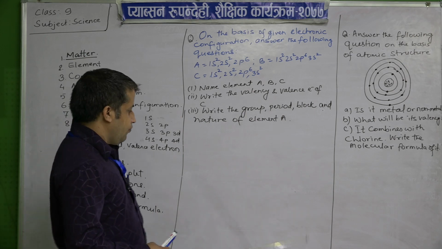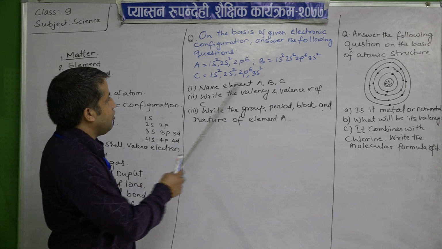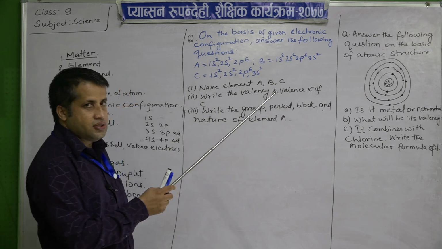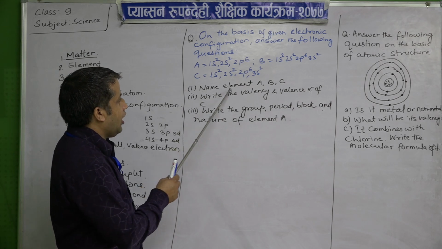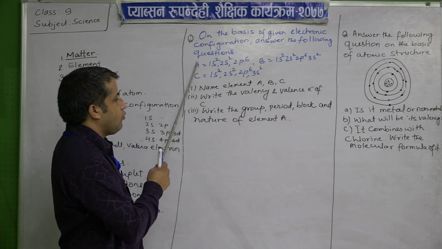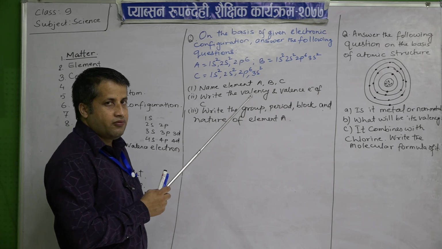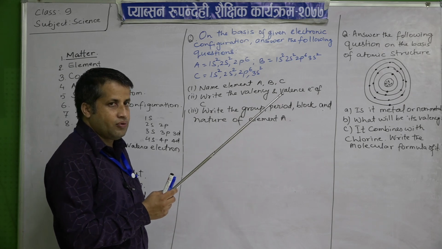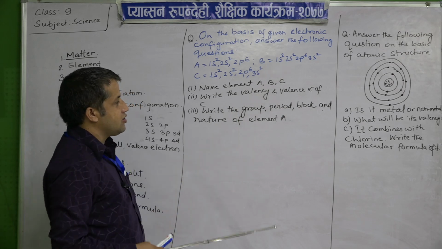After this information, the first question is: name elements A, B, C. We do not know what A is; we are only provided the electronic configuration and we have to find the element, and similarly B and C.